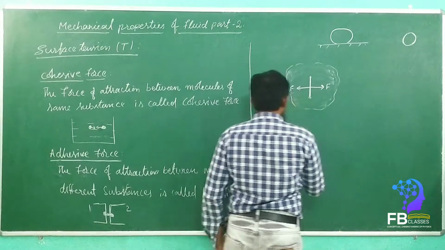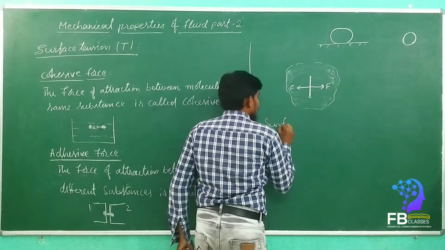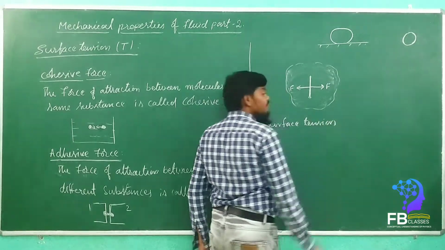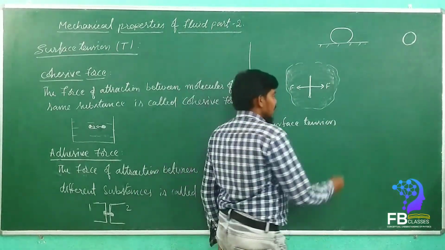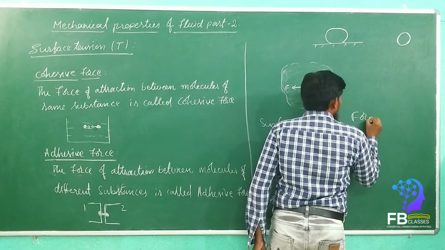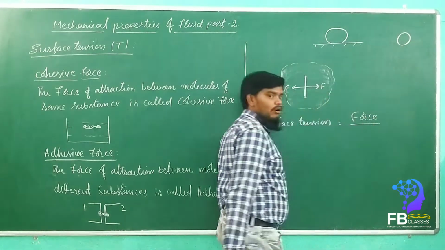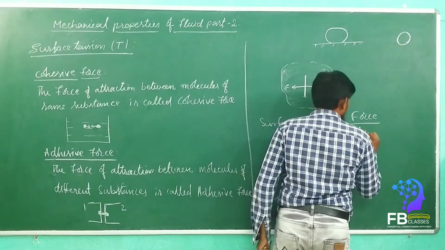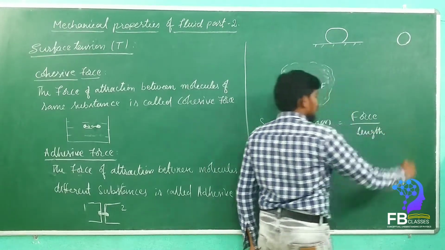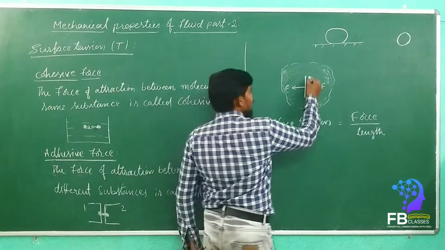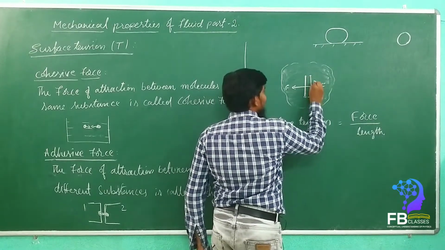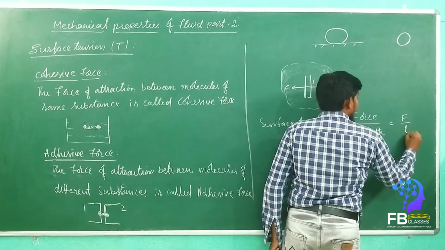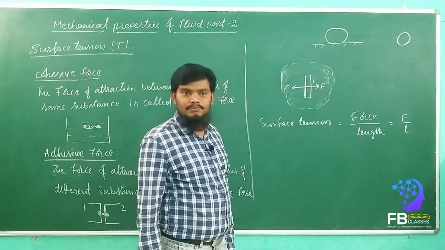So surface tension is defined as force per unit length, force upon length. For example, consider an imaginary line of length L, then it comes as force upon length. Got it?